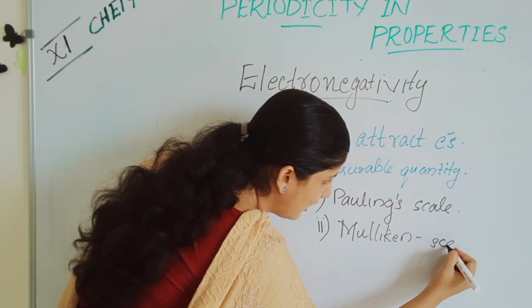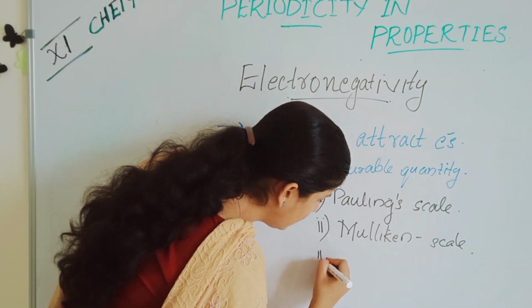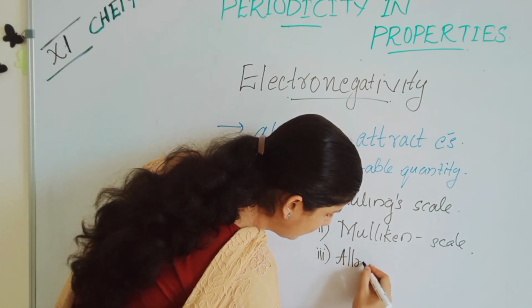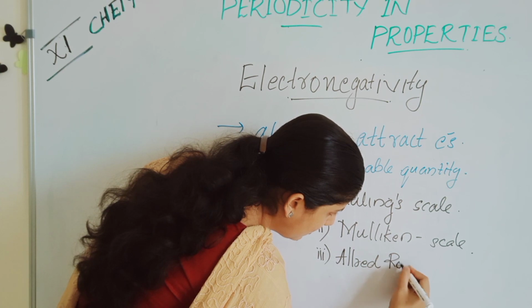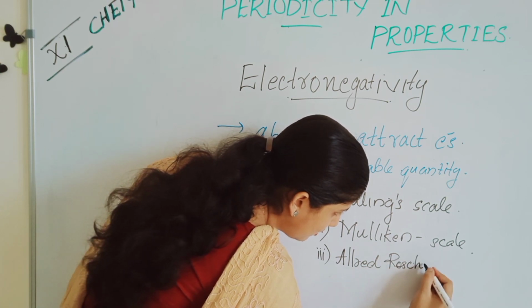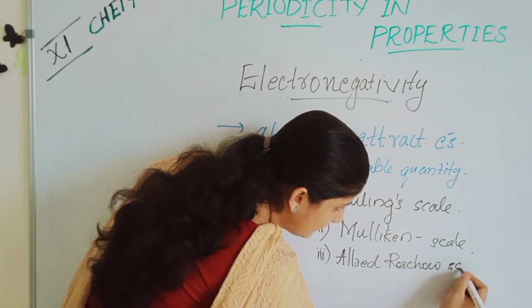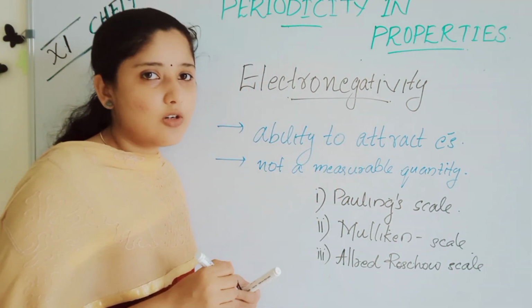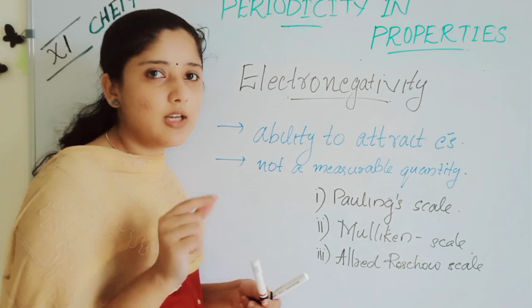And the third scale is the Allred-Rochow scale. These are the main three scales that we use to measure the electronegativity of an atom in a chemical compound.